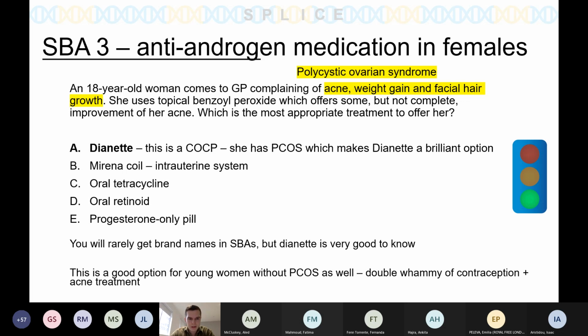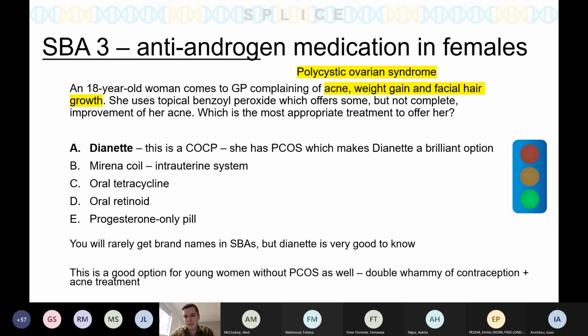So the patient I was describing here has PCOS, which means she has elevated androgens, and Dianette, which is a combined pill, has anti-androgenic effects. So in these patients, the combined pill, I think specifically Dianette, is really good at controlling their acne, as well as providing contraception. But even in young women who don't have PCOS, this is a good method of control for both contraception and acne.